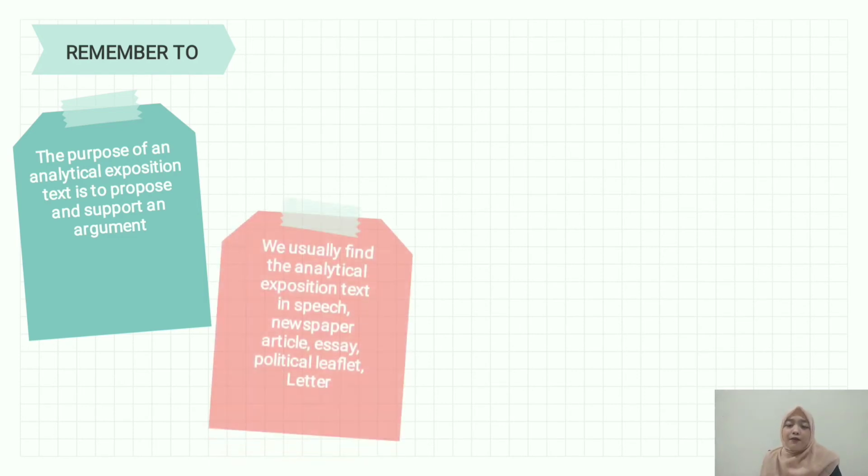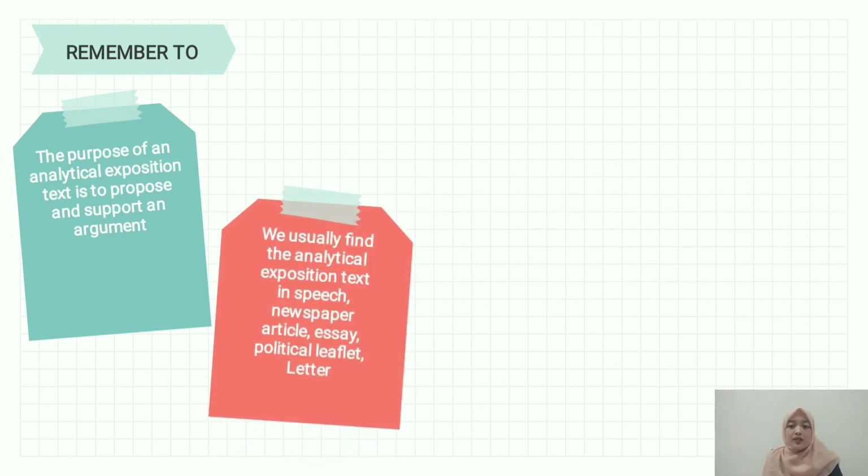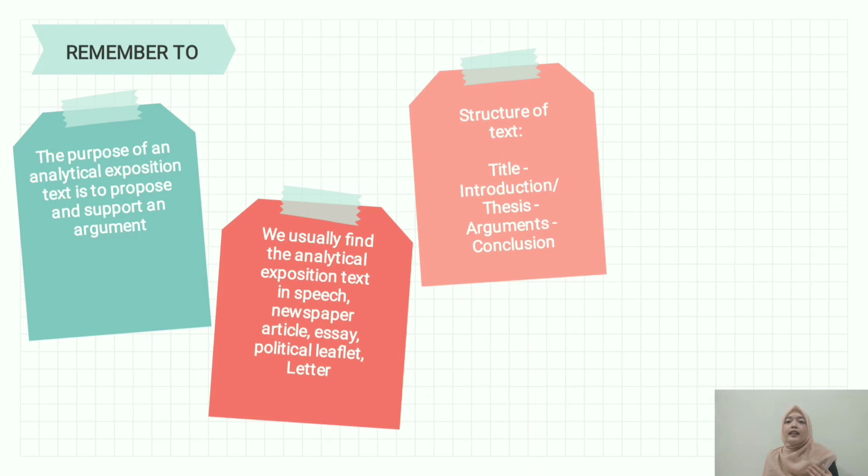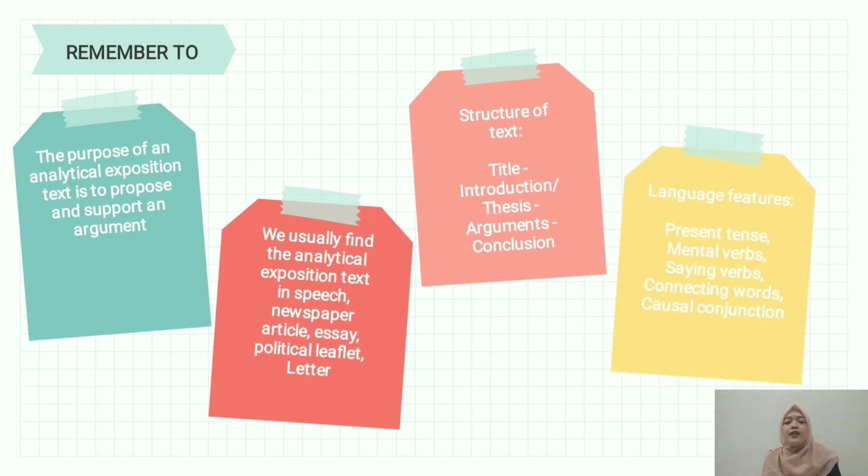And we usually find the analytical exposition text in speech, newspaper article, essays, political leaflet, and letter. So and then the structure of the text, we have title, introduction or thesis statement, arguments, and the conclusion. And then in language features, we use present tense, mental verbs, saying verbs, connecting words, and causal conjunction.